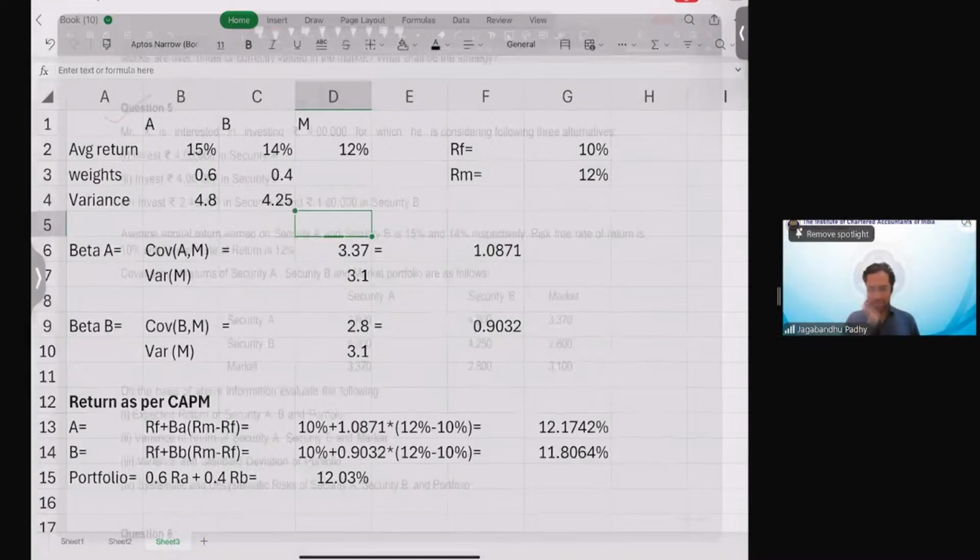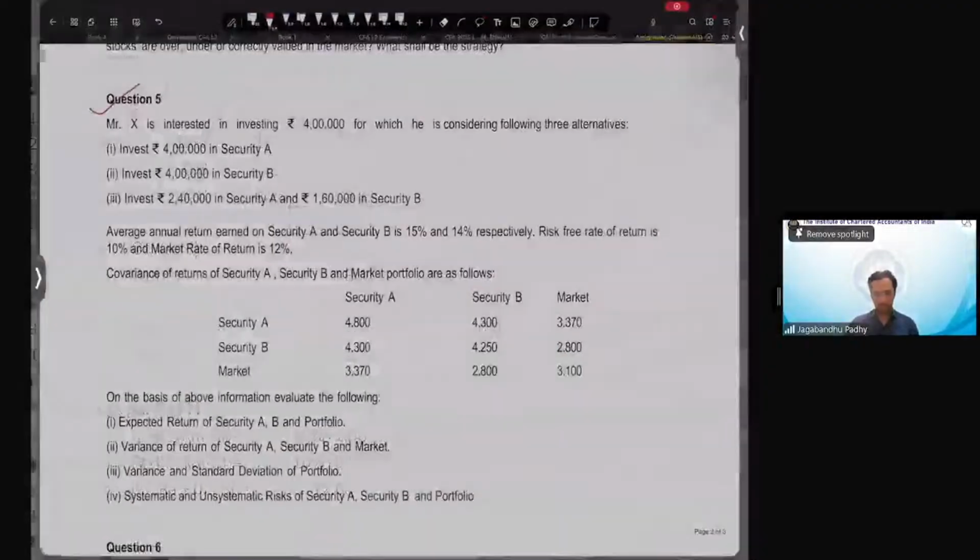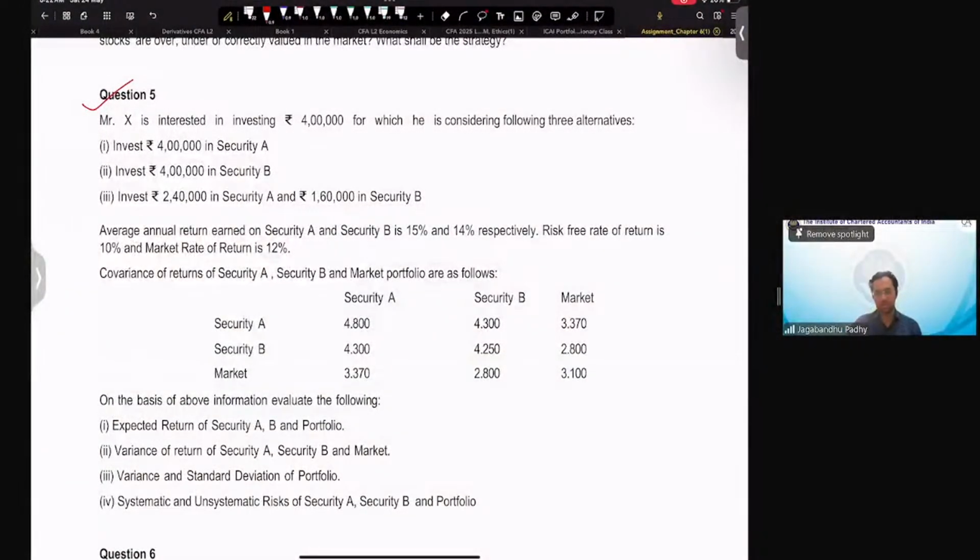It is not to be assigned, but yes, variance of market is 3.1. And now variance and standard deviation of the portfolio.